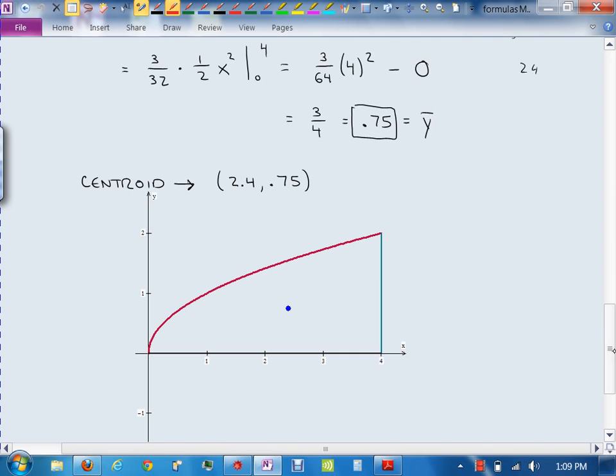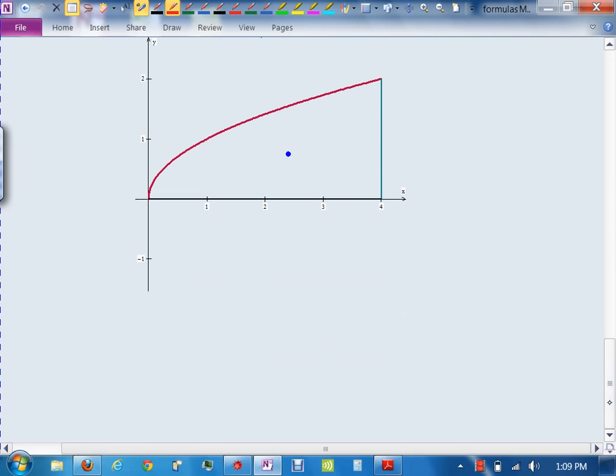Okay. Here's another one. The next example, oh, I don't have it here. I'll just put it on the board real quick. It was the region between, you have sine x, here's sine x, and here's cosine x, something like that.